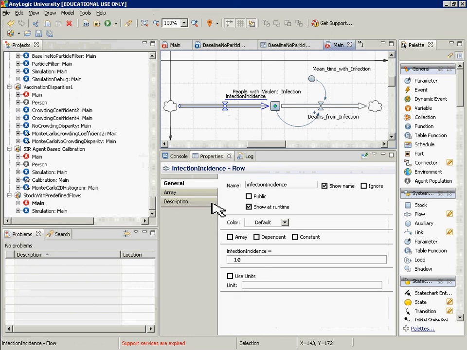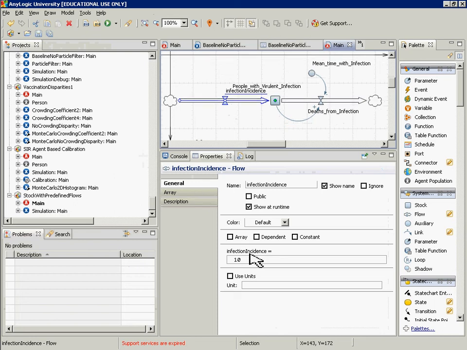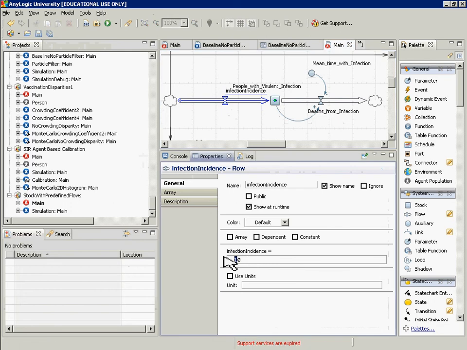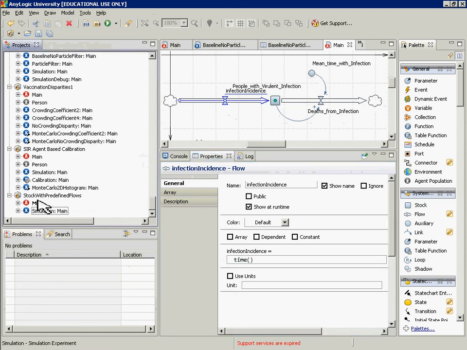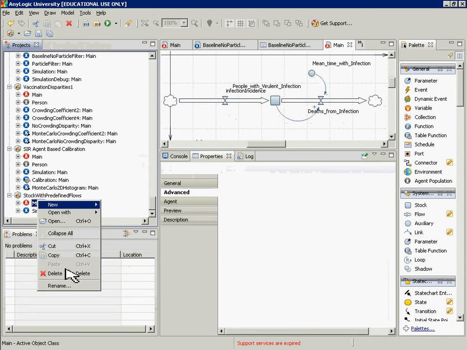Well, it turns out that, as you might expect, you can very easily get the time in AnyLogic by calling the function time. So that gives the current time. So what this is saying is that the infection incidence at any given point will be dictated by the value of time. We'll see how that changes.